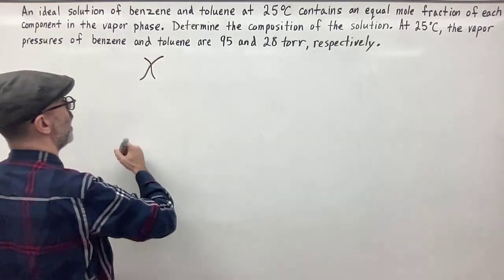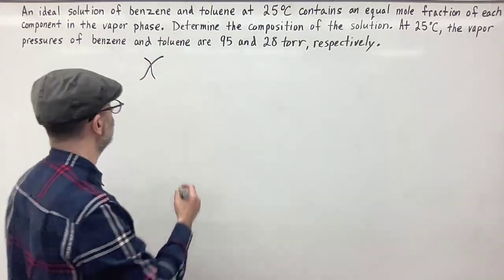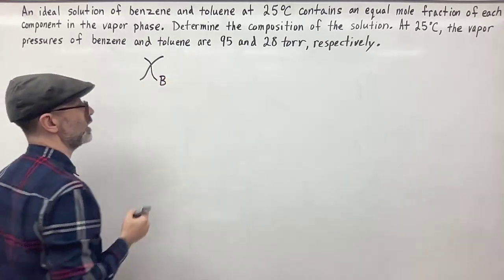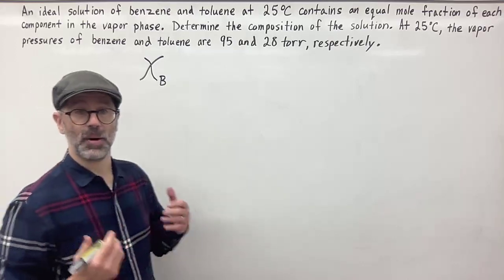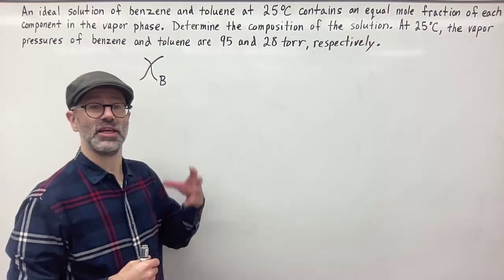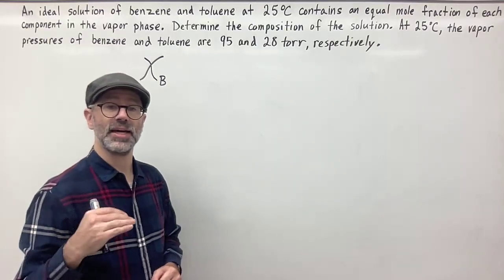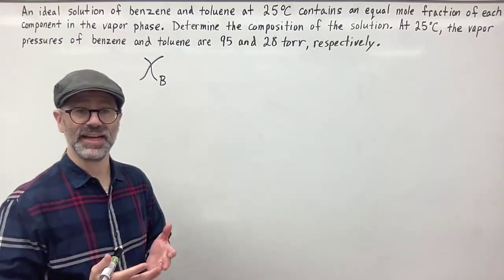So here's my chi. Chi is the Greek letter for mole fraction. So the mole fraction of benzene in the vapor phase is going to be related to the partial pressure. So what is the mole fraction? Mole fraction is the moles of the substance divided by the total moles of all of the components in that substance.